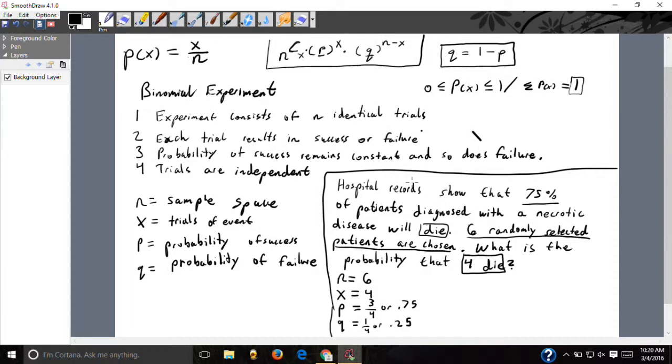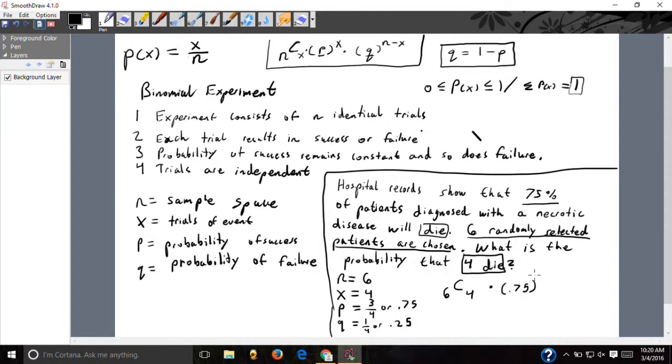So now that I have all of my variables that I need to plug into my equation, I can do that. So 6C4 multiplied by 0.75. I'm just following this equation right here. So my probability of success was 0.75 to the x.